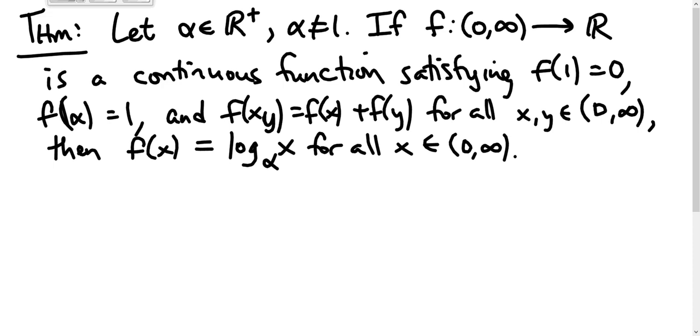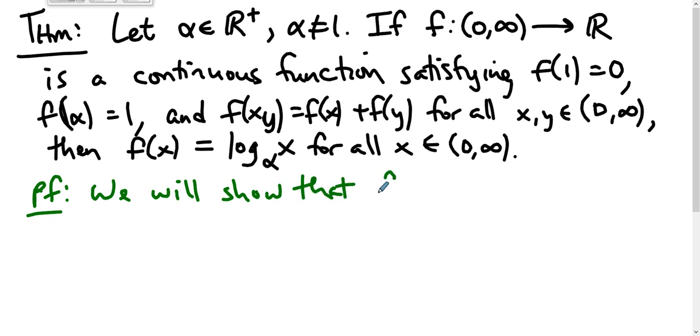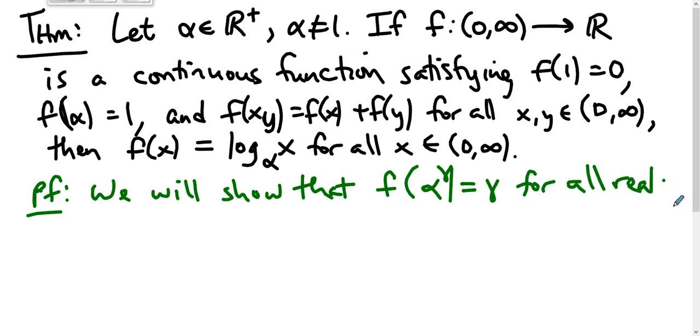Here's our idea. We will show that f of alpha to the gamma is gamma for all real gamma. Think for a moment about why doing this establishes that our function has to be the log function.